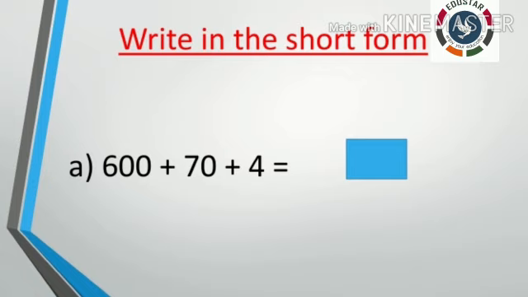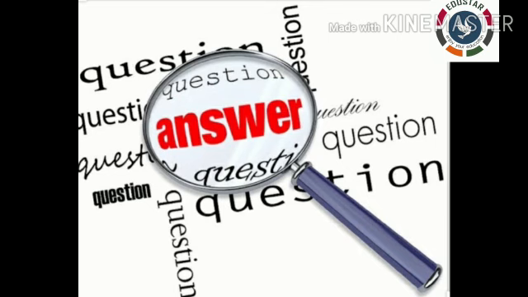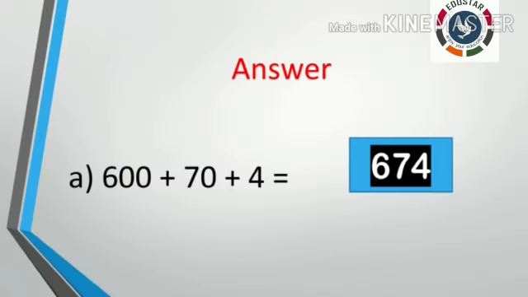By removing zeros, isn't it? Shall I read the question one more time? 600 plus 70 plus 4. Your answer is 674. 674, isn't it? Okay, fine.